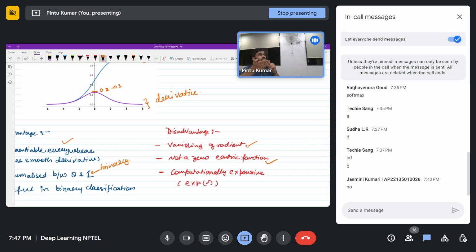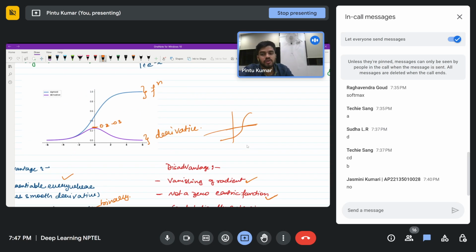I won't cover in detail what a zero-centric function is right now. The value of the function is distributed on both sides of the x-axis. If you look at this one, the value always remains above the x-axis, so it is always a positive output function. A zero-centric function would mean that it has values on both sides of 0, positive values and negative values.